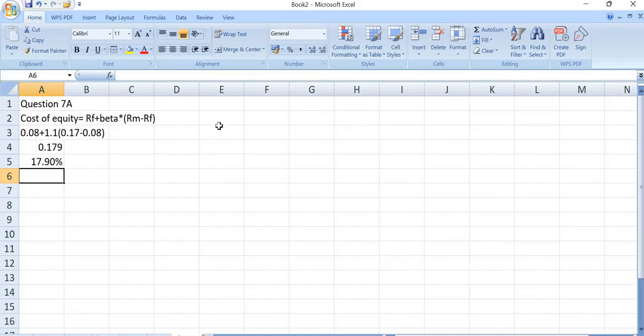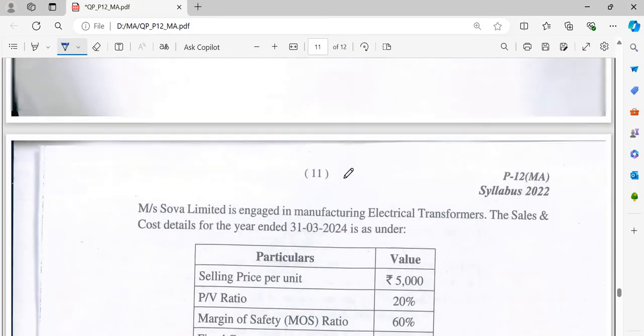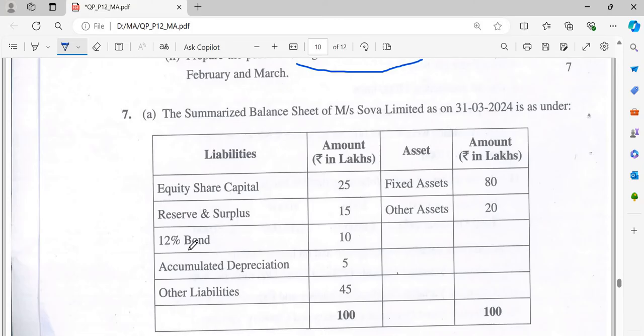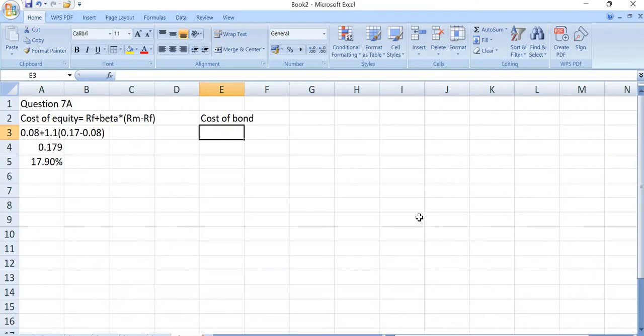Now I will be calculating cost of bond. We are having bonds here, and for the bond we have an interest rate of 12 percentage. Always remember we need to consider after tax only. Here the tax rate is 30 percentage. What is the formula here?